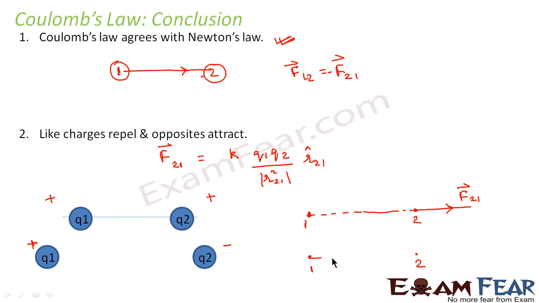In this case, 1 will try to pull 2 towards itself because it is opposite in nature. So the direction of F21 will be along this direction. F21 is the force on 2 due to 1, that means 1 is exerting this force. So 1 will exert the force towards itself if 2 is of opposite nature, right?